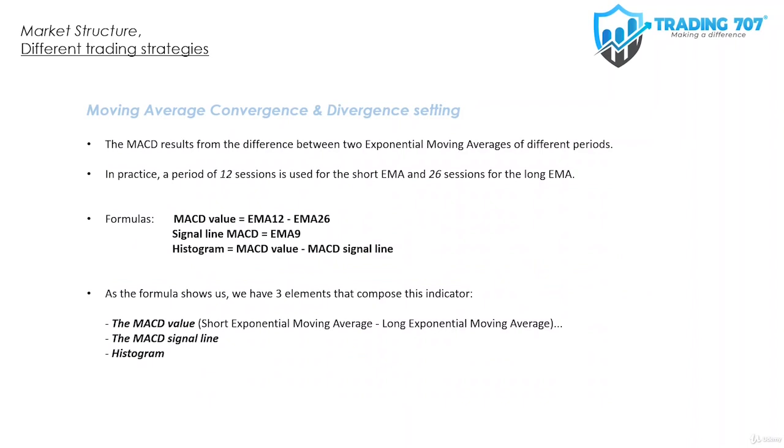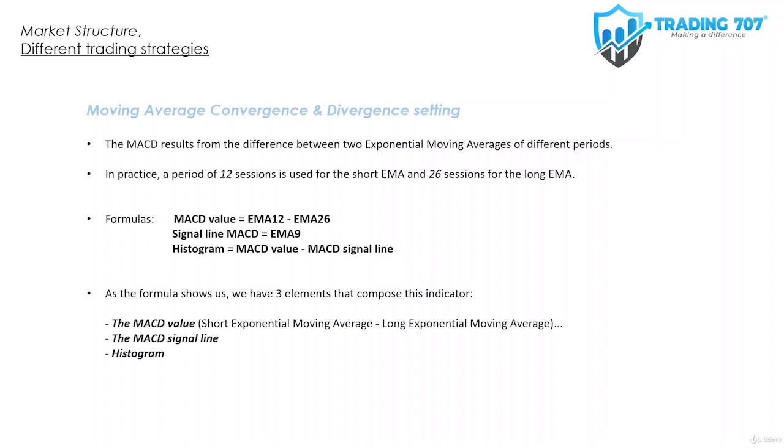Moving average convergence and divergence setting. As explained before, the MACD results from the difference between two exponential moving averages of different periods. In practice, a period of 12 sessions is used for the short-term exponential moving average and 26 sessions for the long-term exponential moving average.